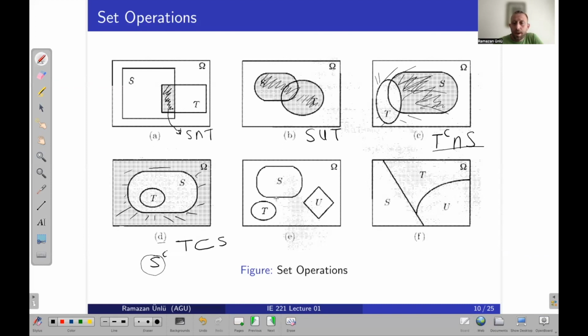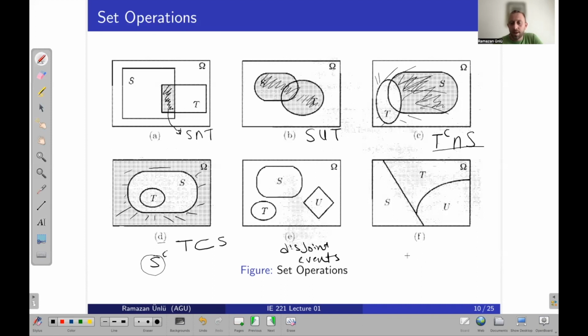Now let's look at example E. These three events have no common regions. If this is the case, we call these disjoint events. And the last one is where S, T, and U together have a union equal to omega.